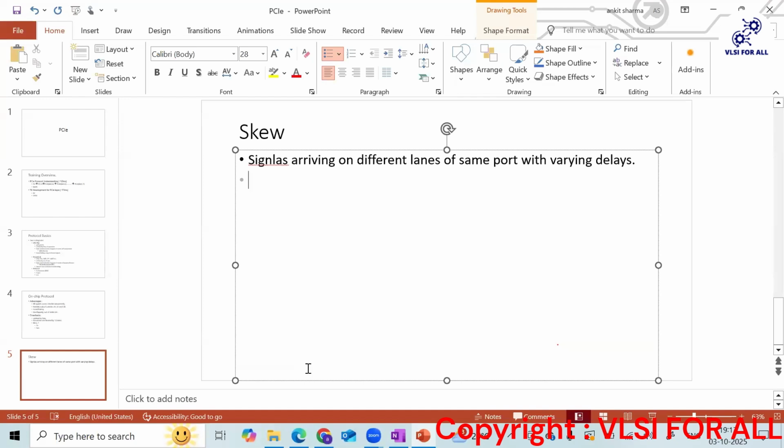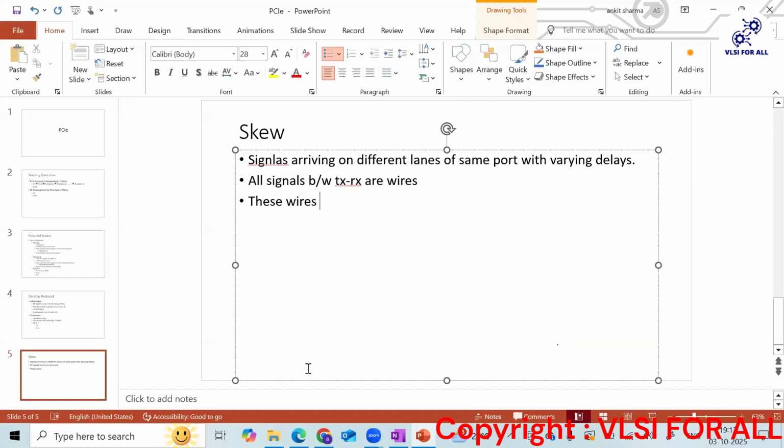Okay, now why does it happen? Because all signals between, you can say master and slave, you can say TX and RX, are wires, and they have different lengths.